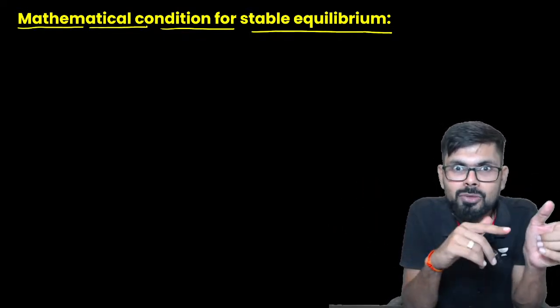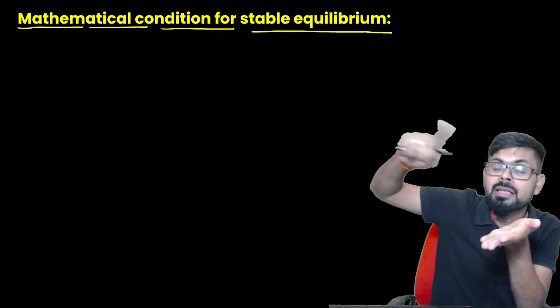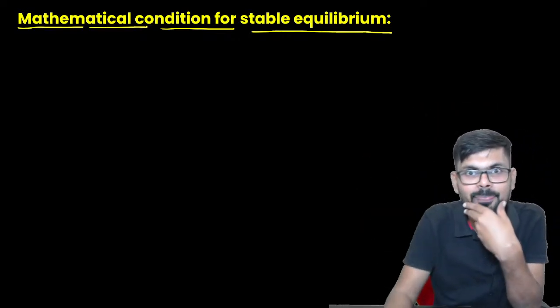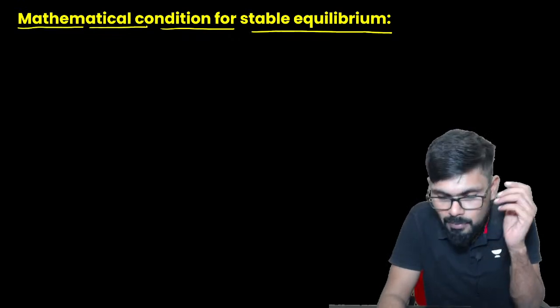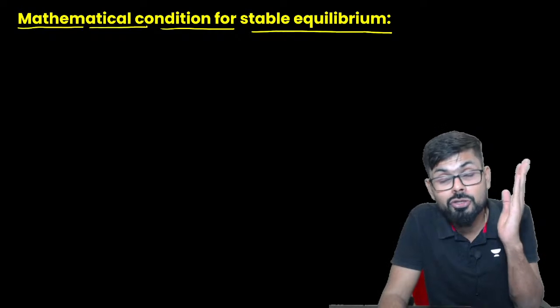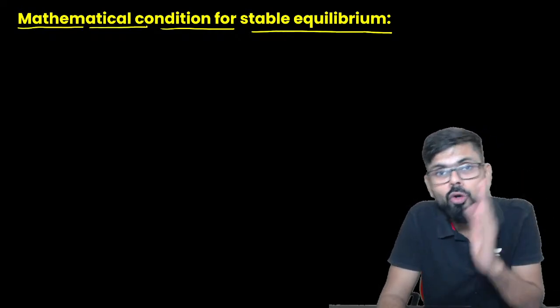But for the first one metacentric height is more, for the second it is less. What will happen? If the positive metacentric height is more, then it is a more stable condition.